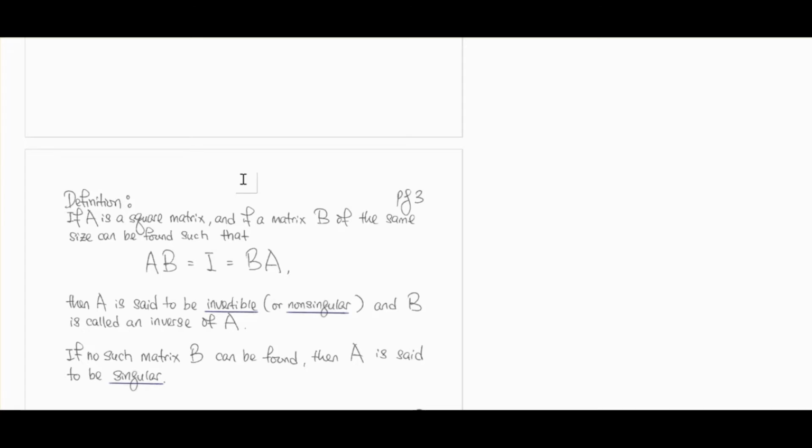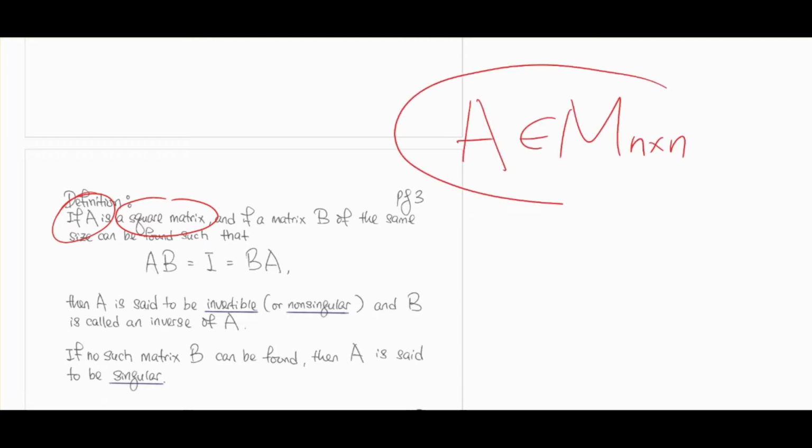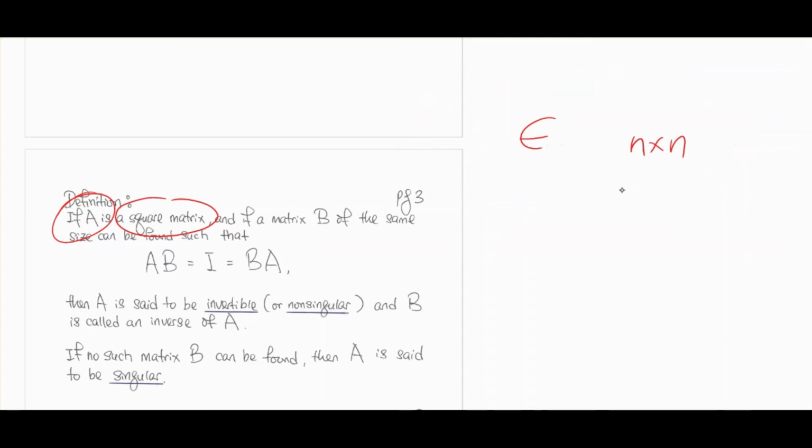First of all, being invertible for matrix multiplication requires the matrix to be a square matrix. That's the first thing we need to know. So let's say your matrix A is a square matrix, of size n by n. You will comprehend more about this notation later on, but I can just write it out like A is of size n by n. So A is a matrix of size n by n.